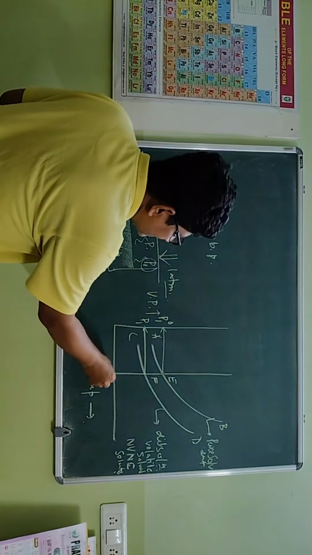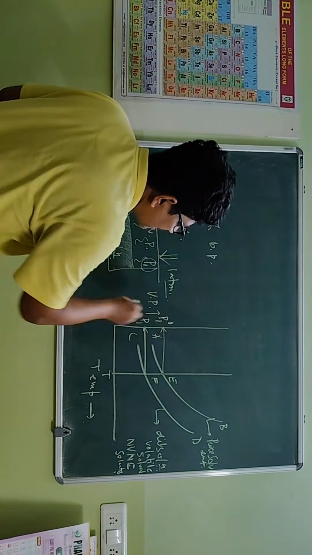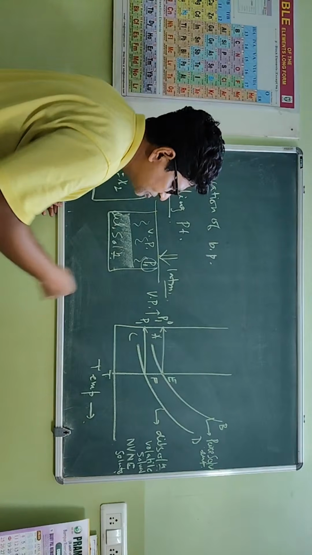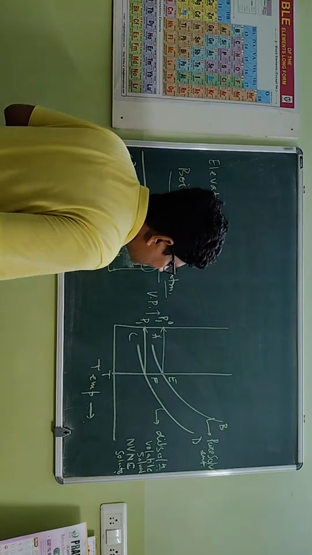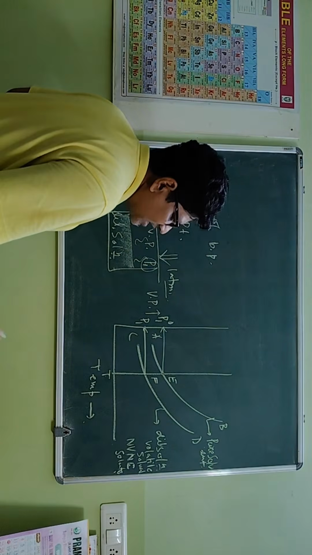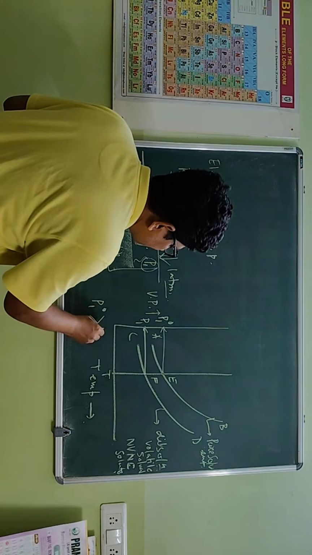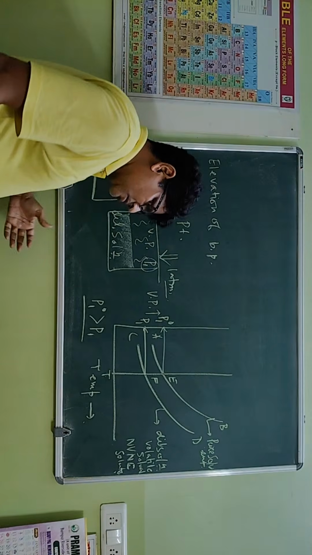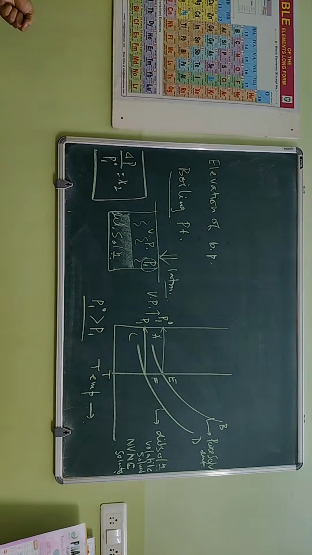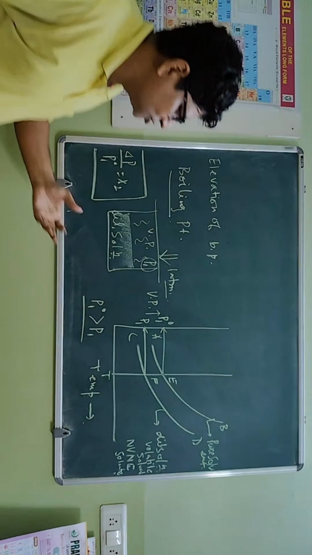We know at a definite temperature the vapor pressure above the pure solvent is always greater than that of the dilute solution having non-volatile and non-electrolyte solute. So P1 naught is greater than P1. This is the experimental verification which was introduced by Raoult.